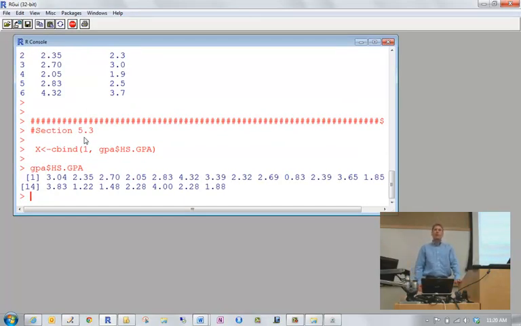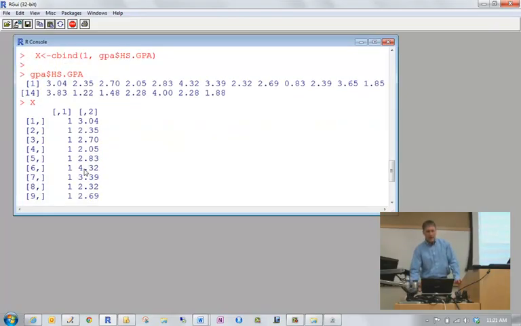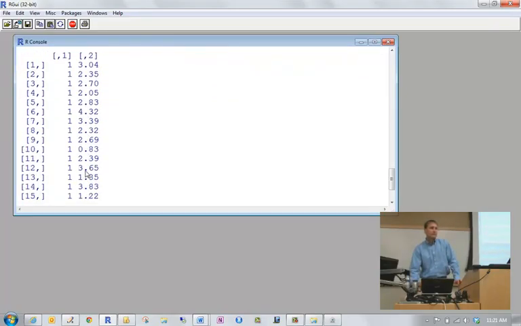Now notice there are 20 high school GPAs in the data set. Obviously there's only one number 1. What does R do? Well, R does what's called, in its terminology, recycle, where it makes sure that the stuff in this first part right here is the same size as the second part here. In other words, it will replicate that number 1 20 times. So that here is my X matrix. Okay, so it's just a convenience tool.